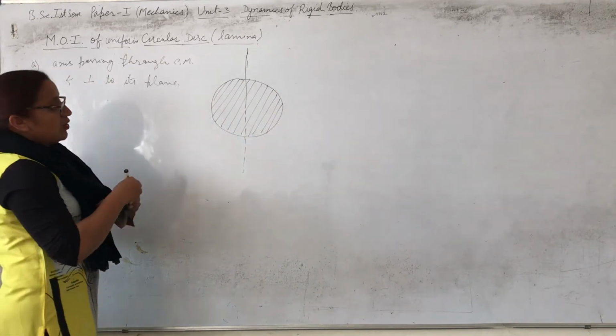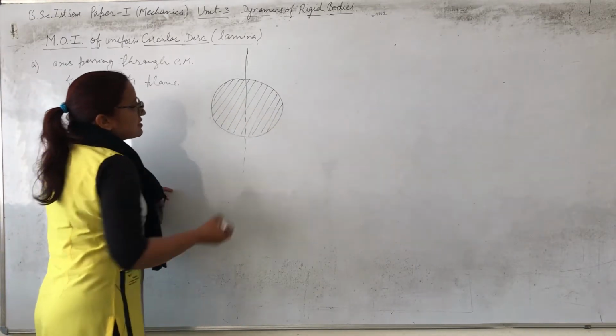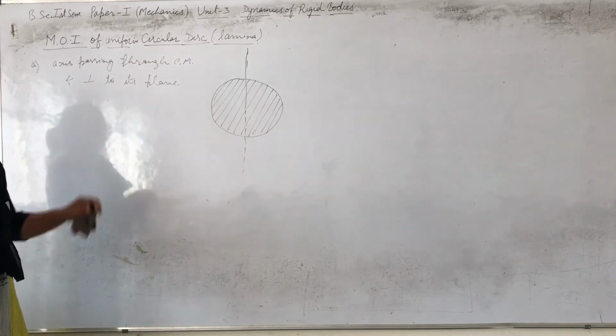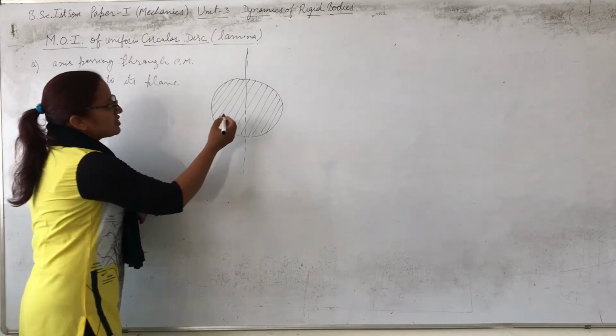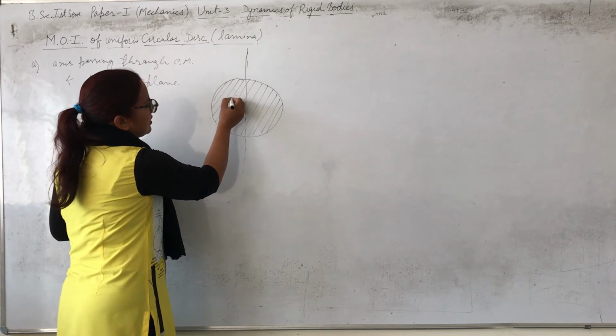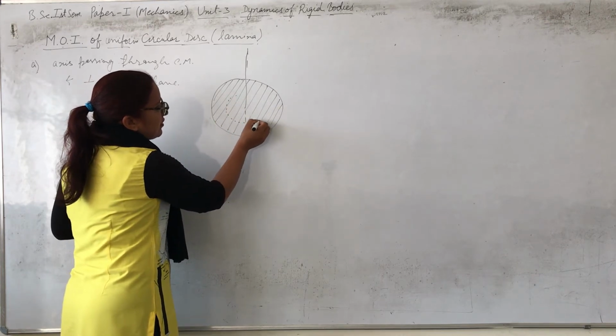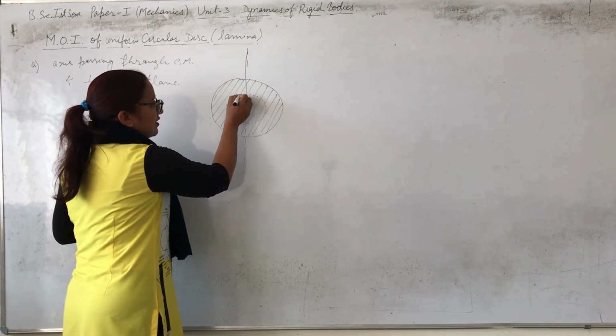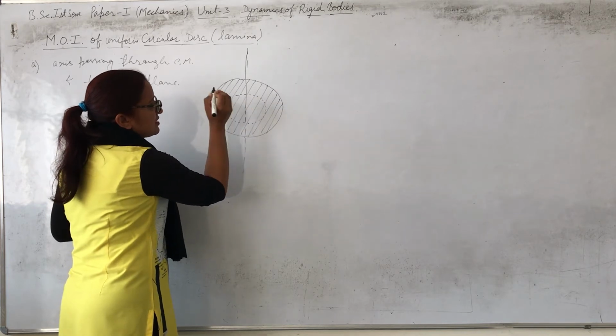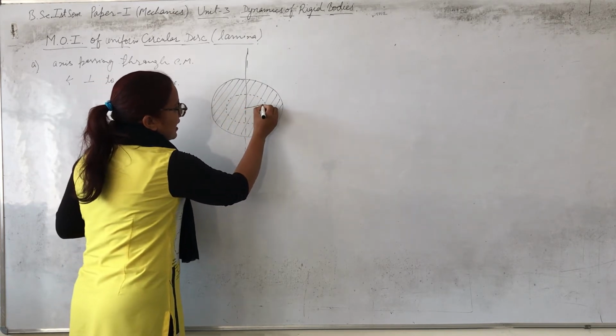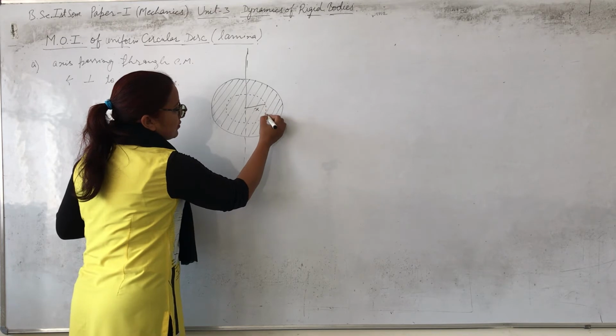Okay. Now to calculate this, let us consider that this circular disc is made up of a large number of concentric circular rings. Let us consider one such ring at a distance x from the center and of thickness dx.